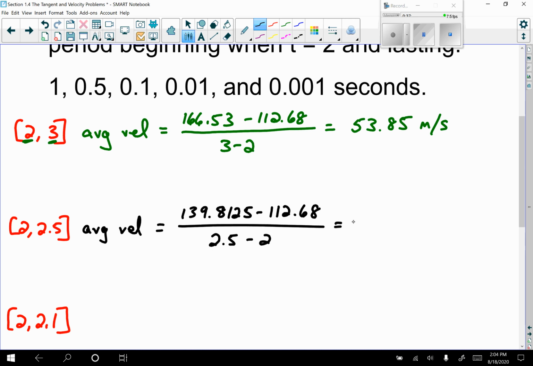So pause the video again as you find this average velocity. And for this, it's still very close, but we're showing that we're increasing. Should be a 54.265 meters per second.